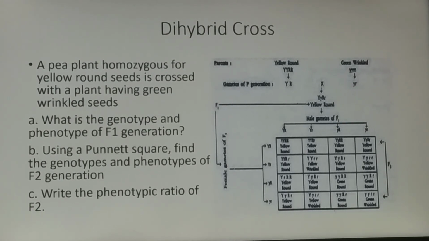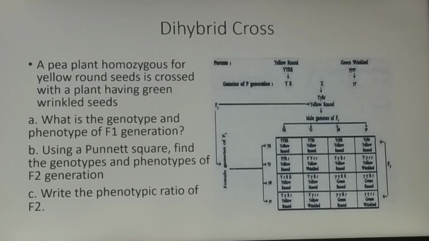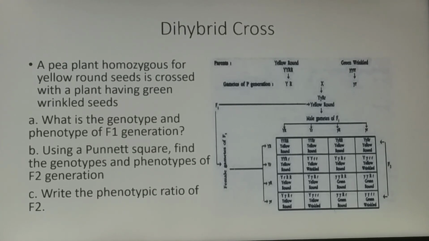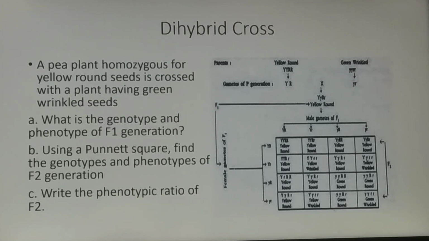Yellow round. So with that we found the answer for the first question, that is, what is the genotype and phenotype of the F1 generation. We found the genotype of the F1 generation as capital Y, small y, capital R, small r, and the phenotype as yellow round. So we have completed part A of that problem.